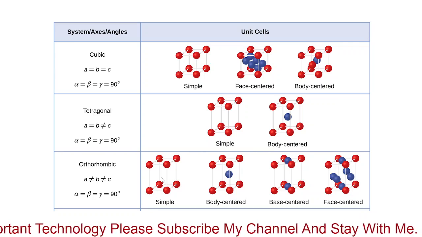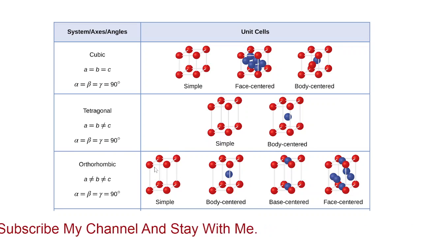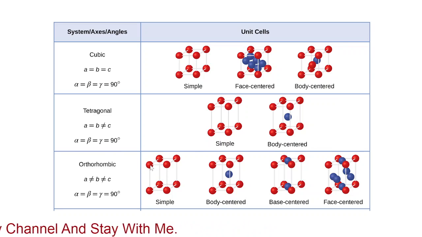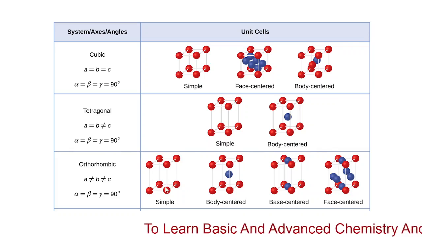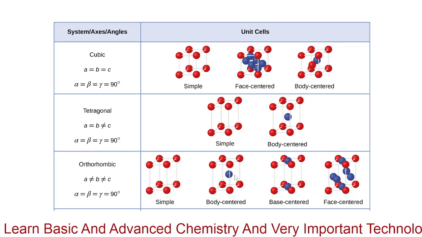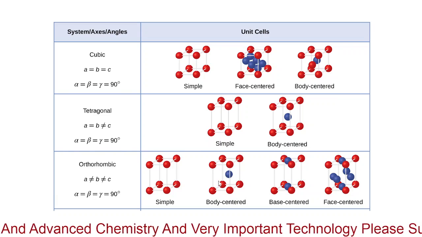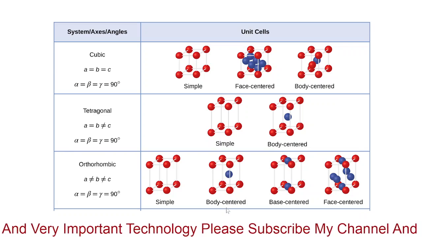First, simple: if all 8 corners of the cube have only one atom, that is simple orthorhombic. Then if we put one extra atom just at the center of the box or center of the crystal, that is body centered.